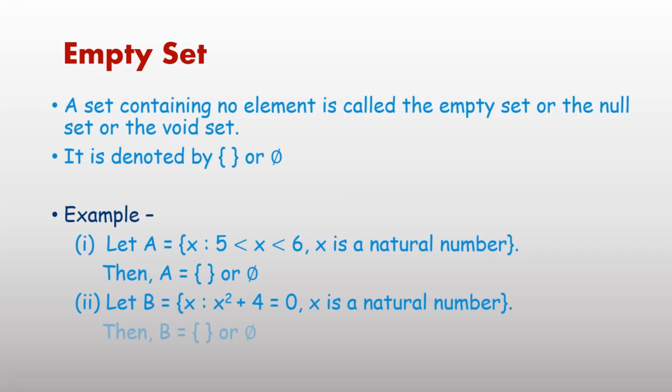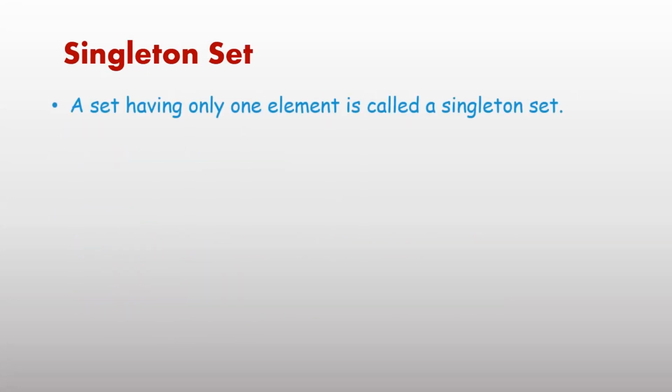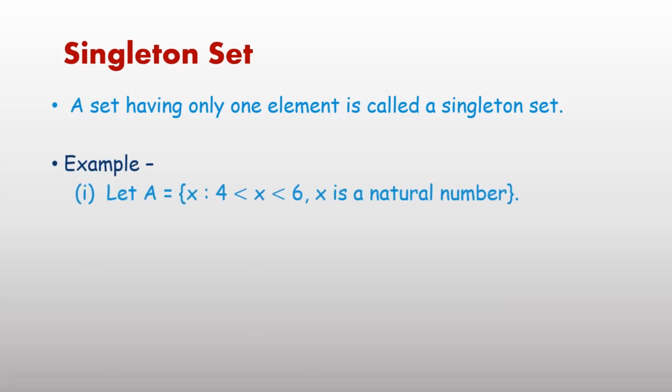Now next topic. Singleton set. A set having only one element is called singleton set. Example, a collection of natural numbers between 4 and 6. Easily you can observe there is only one natural number between 4 and 6, that is 5.